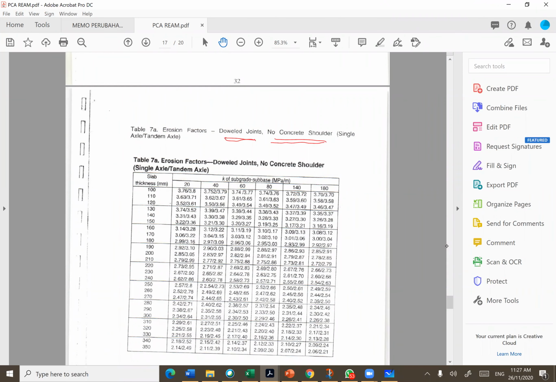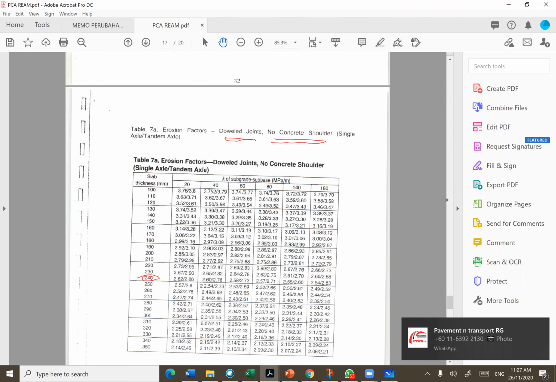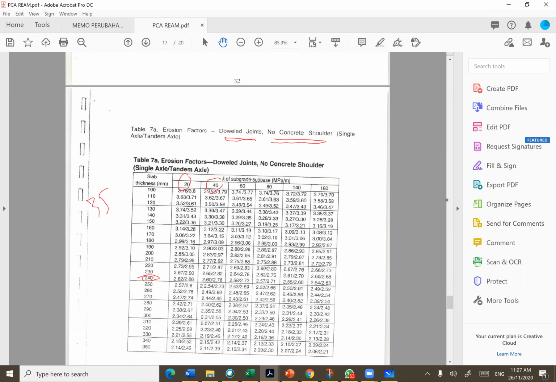So use the same method as you used just now for the equivalent stress in fatigue. You go to the trial thickness that we picked, which is 240. Then we need to do interpolation to get the 35 because we have 20 and 40 here. This is for single and this is for tandem.